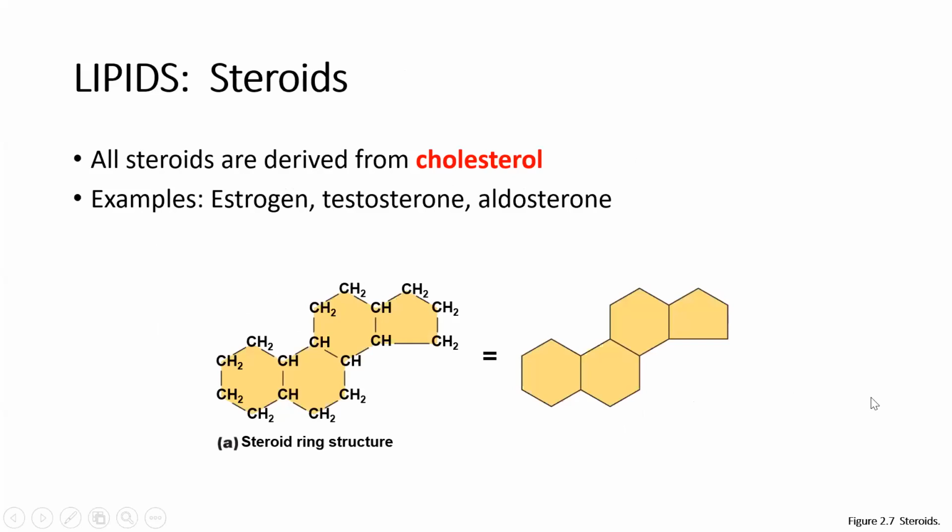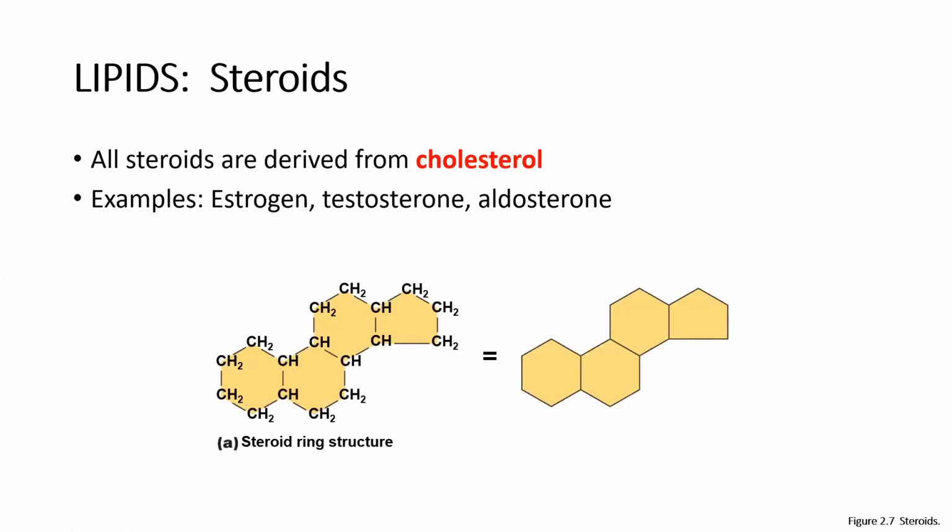All right, and then the final category of lipids are steroids. I'm sure we've heard of steroids in some way or other. Steroids are mainly derived from cholesterol. Cholesterol is a waxy fat substance that our bodies make, our bodies need. All of our cells have cholesterol. It's important for digestion.